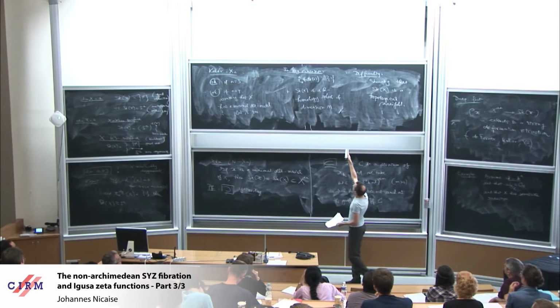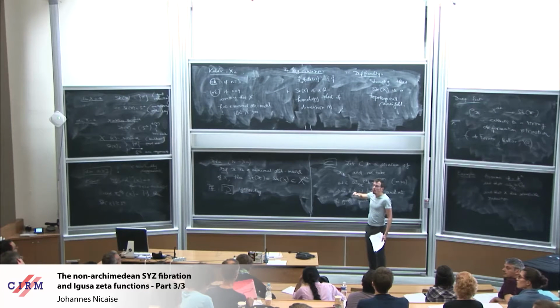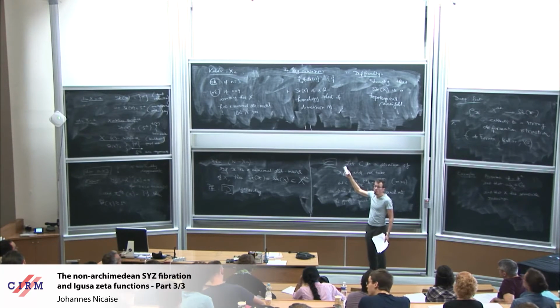Well, for instance, to conclude that I have some non-trivial cohomology in degree n, because I want the weight zero part of the limit mixed Hodge structure to be non-trivial.